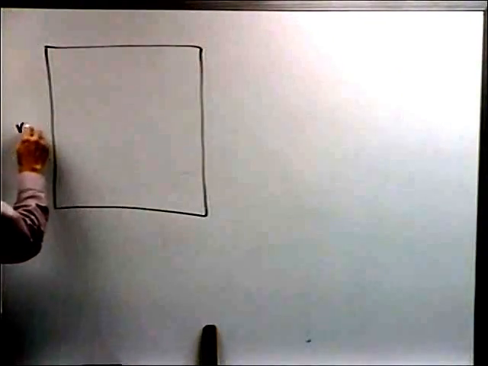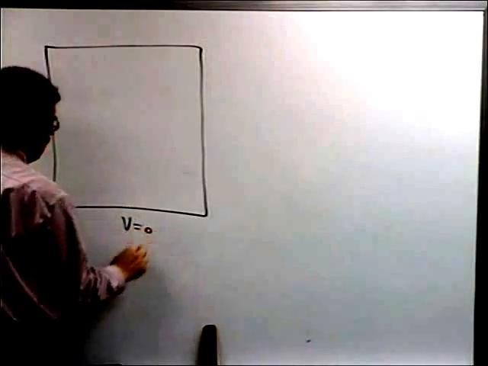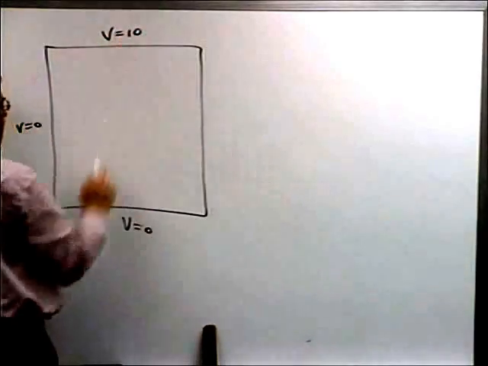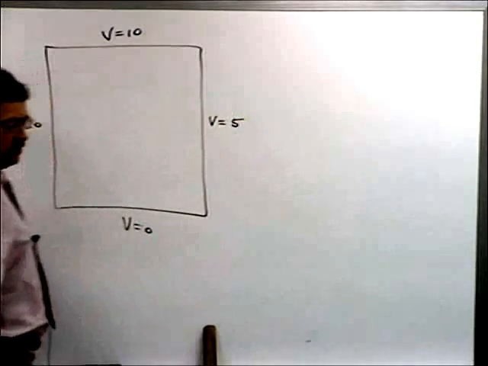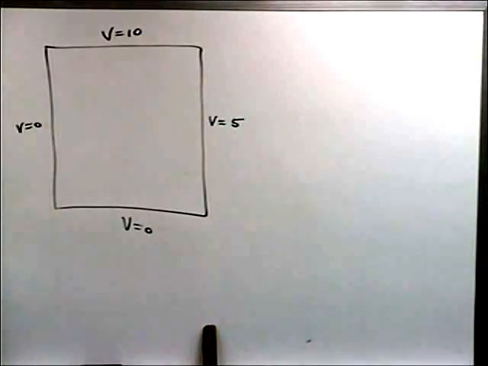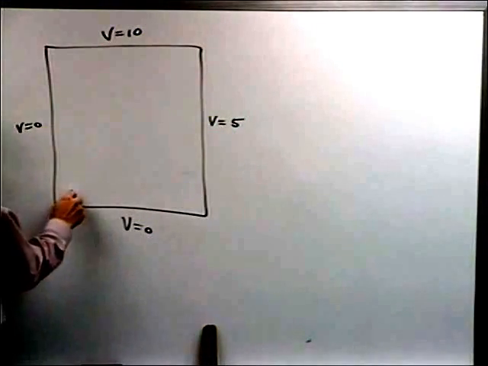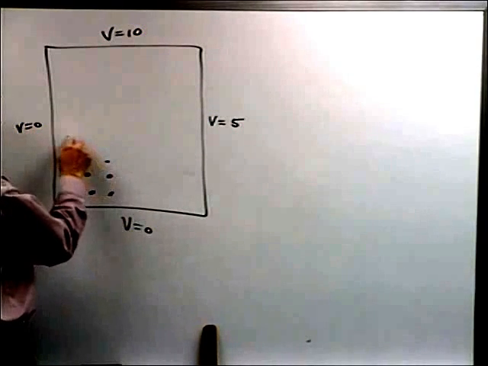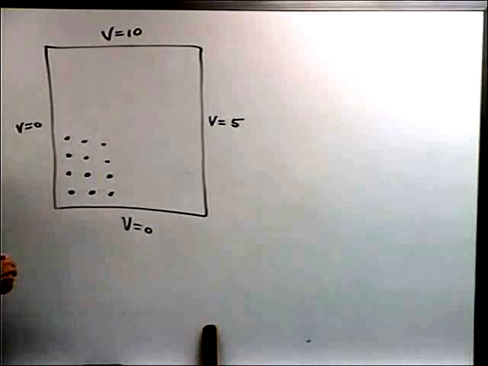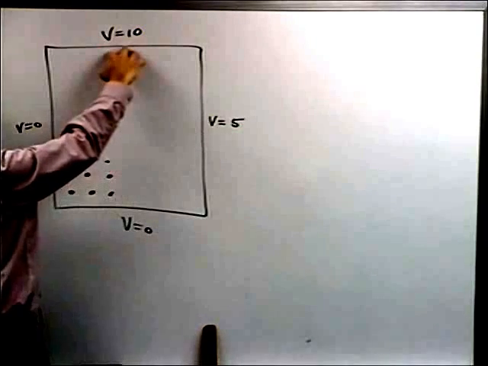So let's say you let V equal 0 on these two walls, and you set V equal 10 up here, and maybe V equal 5 or something on this wall. Well, when you get done, and then you put a bunch of grid points in here, you're going to get something where up here your values are at 10.